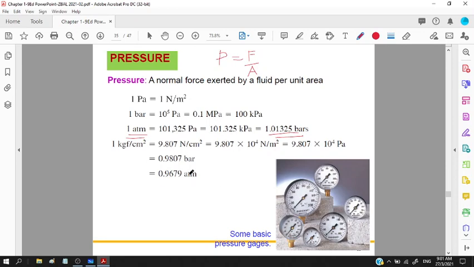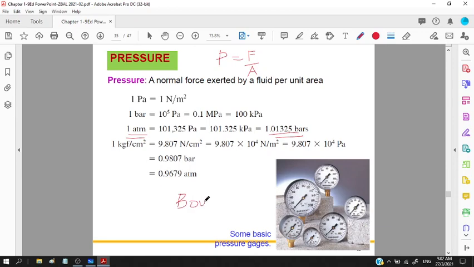So how do we get the pressure? We use gauges to measure pressure. These are examples of gauges that we have in different scales. And this type of gauge is also known as the Bourdon gauge.